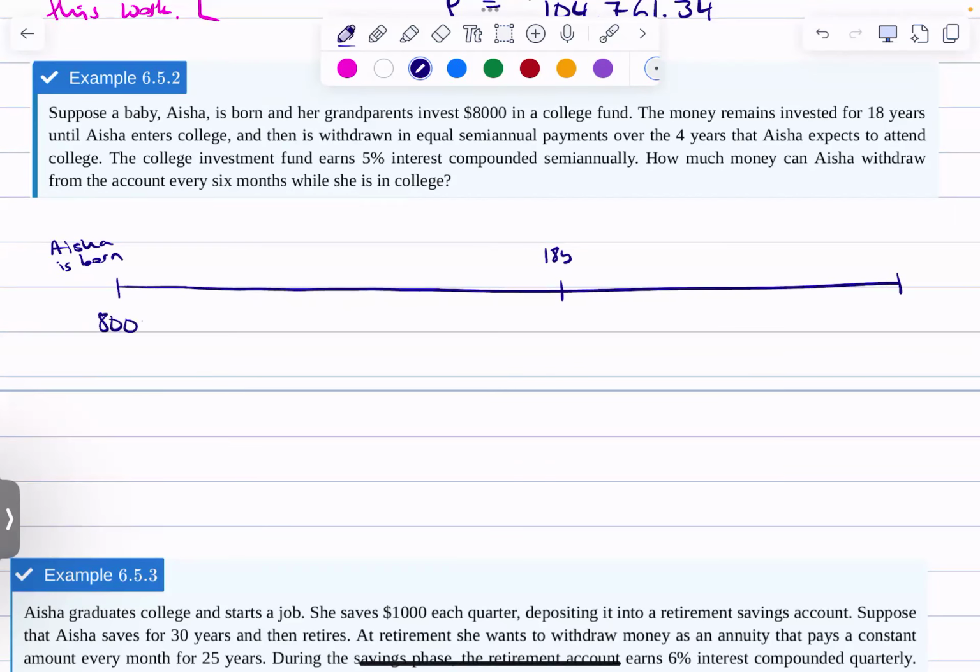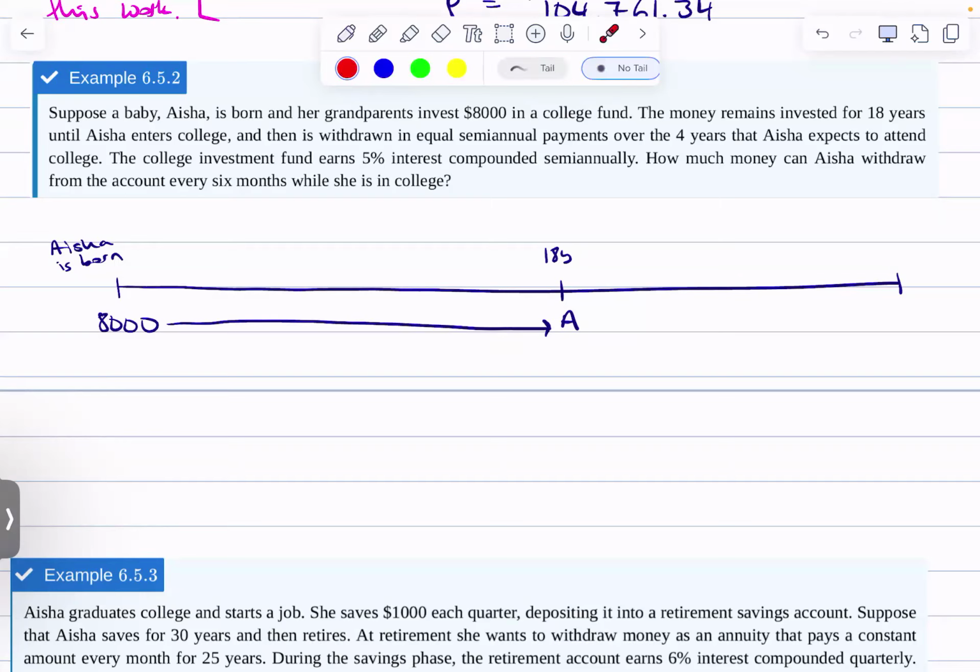Her grandparents invested $8,000, and it's going to sit there and grow to some accumulated amount for 18 years. Then what's going to happen? Then she's going to withdraw equal semi-annual payments over the 4 years that Aisha expects to attend college.